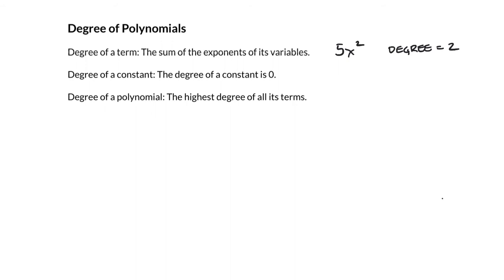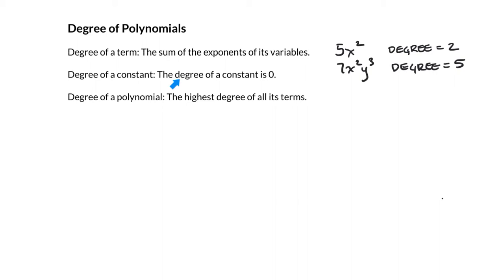If I wrote another one, let's do 7x squared y to the third. The degree of this term is going to be 5. So on this one, we just have one exponent, and that's 2. On this one, we've got two exponents. We have 2 and 3, so we add those up and we get 5.